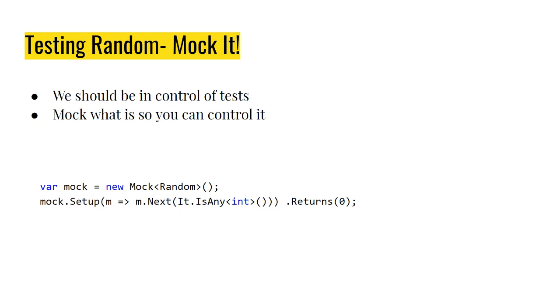When you have to test stuff and you depend on something that you don't want to depend on, let's say random numbers, you should mock those random numbers in your tests and make them hard-coded so that you are in control. Being in control is very important. Here below you see an example of what I meant with mocking.